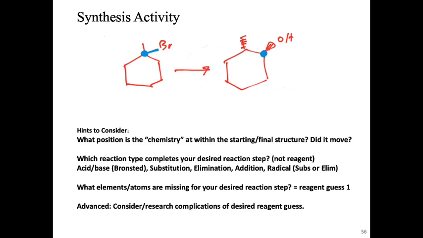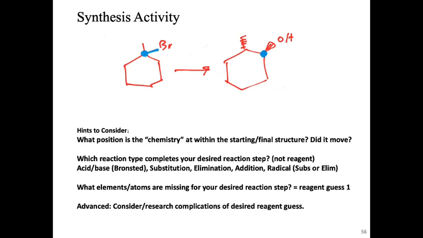If I do an elimination reaction out of the gate, has the chemistry moved positions? Yes. I now know that one of my first steps should be an elimination reaction. Not just, I'm going to throw some stuff at it and hope it works. You have to know those pieces and those processes to think through them.